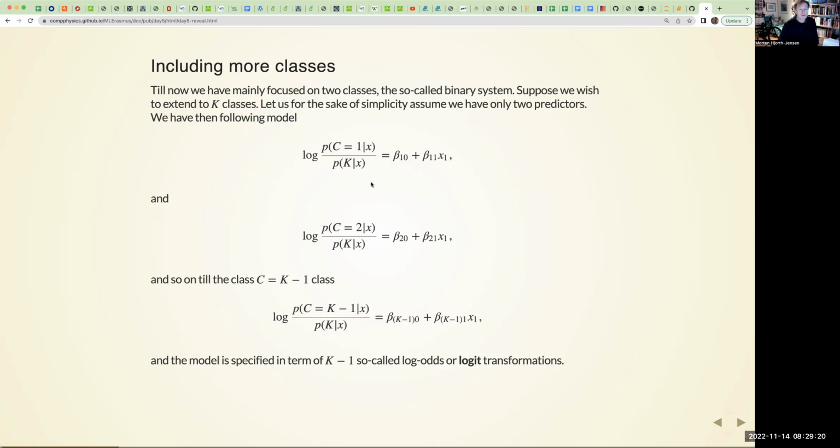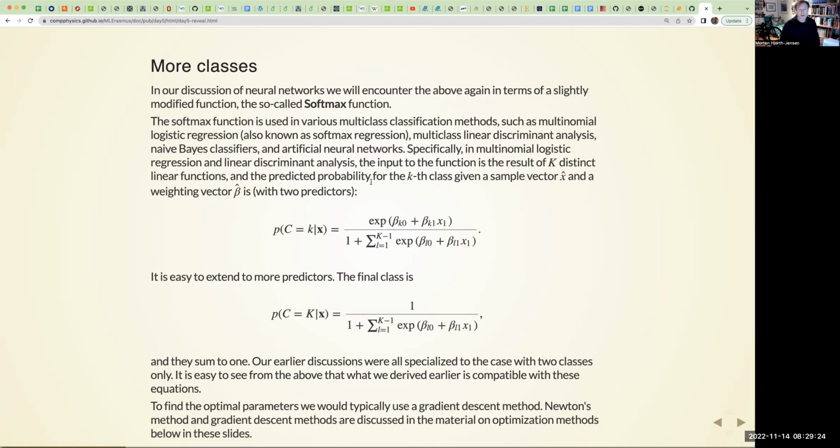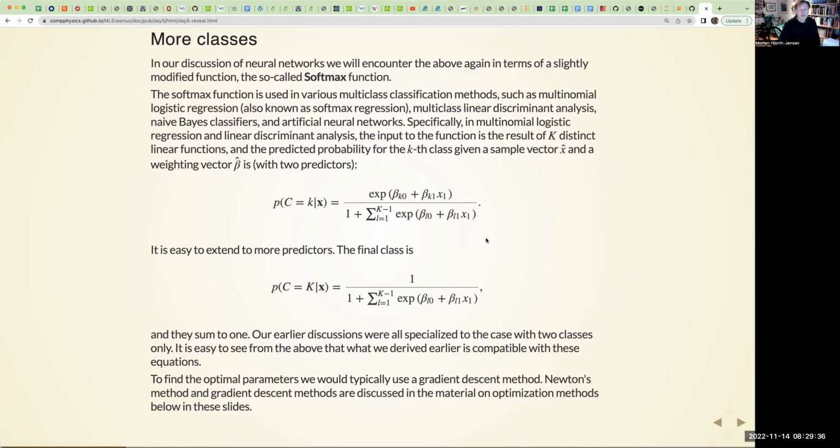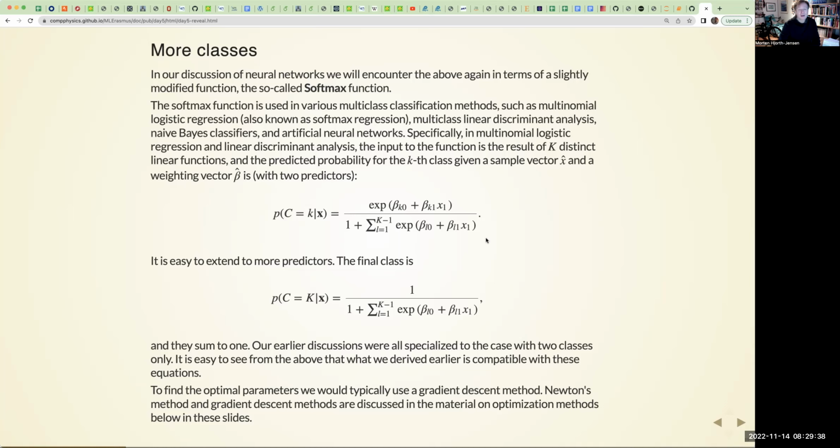And this function, the so-called softmax function, is used when you include more classes. It's normally defined in this specific way, where K is one of the classes we're looking at with a given X, and then we simply have a normalization constant, which is down here. So this is typically the kind of function you will encounter when you're dealing with classification with more than one class.